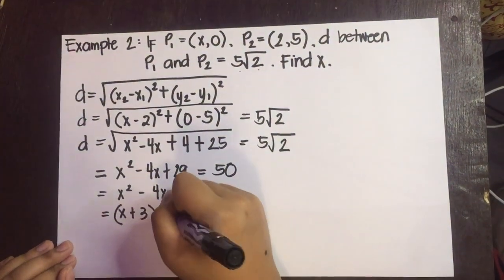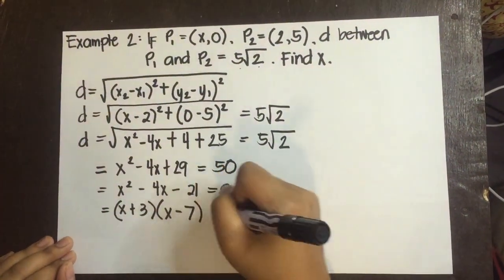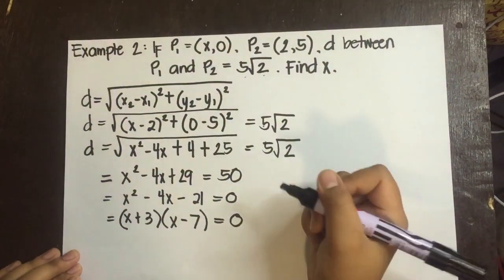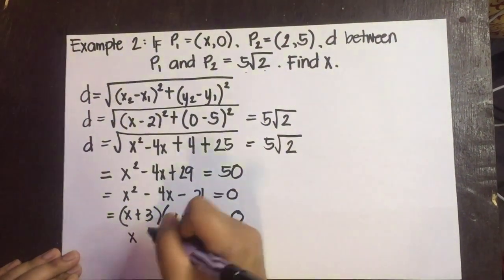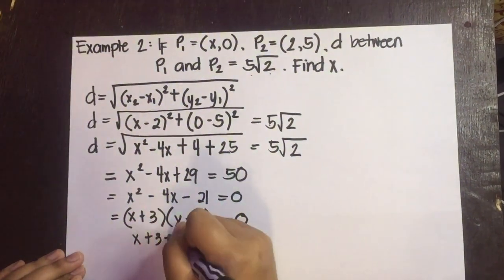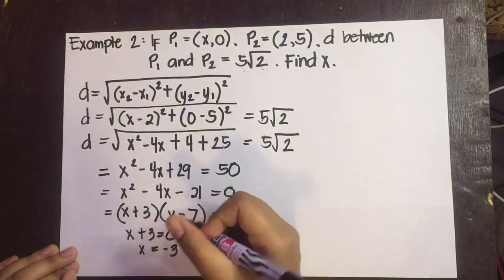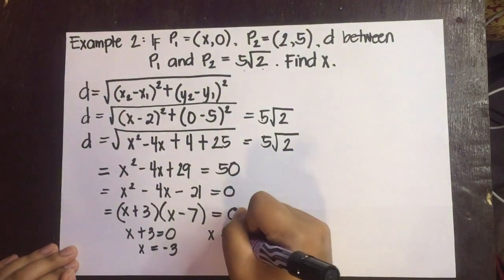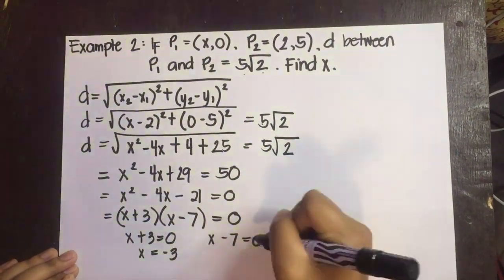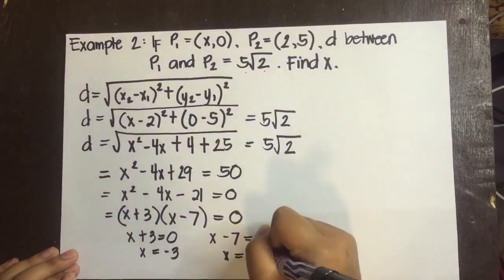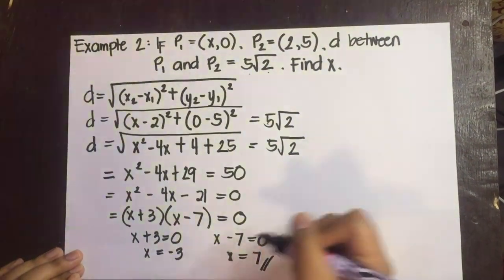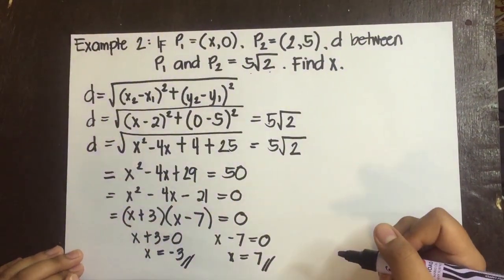So we will factor this equation. x plus 3 and x minus 7 is equal to 0. So our x is equal to negative 3 and x is equal to positive 7. So this will be our x.